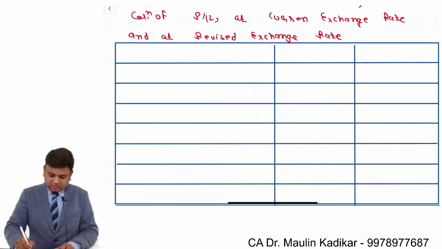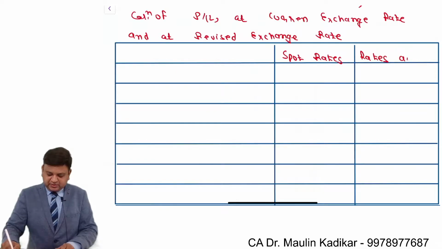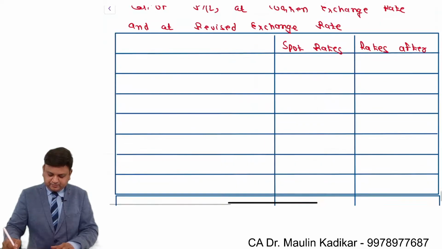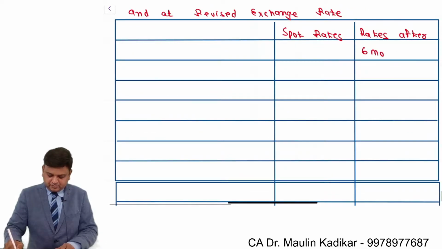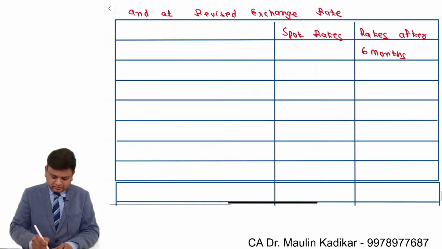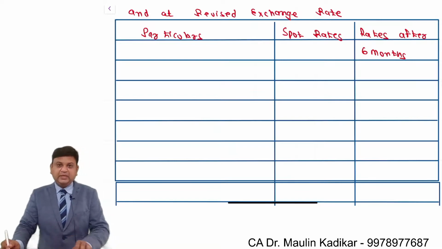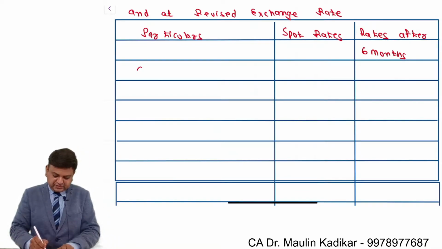So in that, write down spot rate and rates after 6 months. Column number 1 will be particulars. In that, we will have first of all sales value.